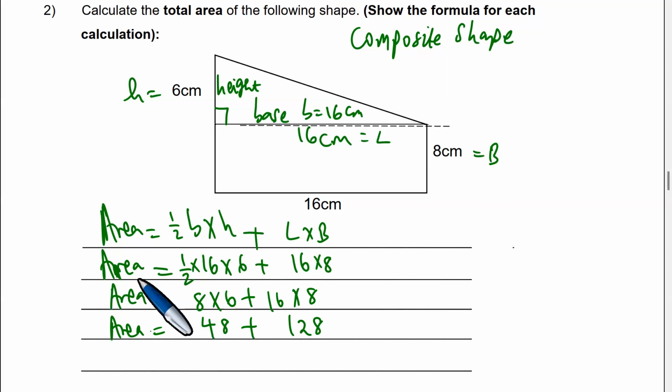Right, if you add 48 and 128, what is the answer? 176. Did you get it? Yes. It appears that you're close to the answer. That is the answer for the area of the composite shape. Right, next question.